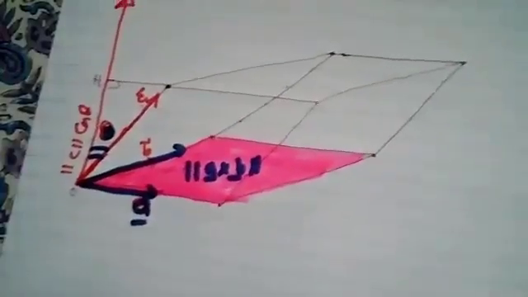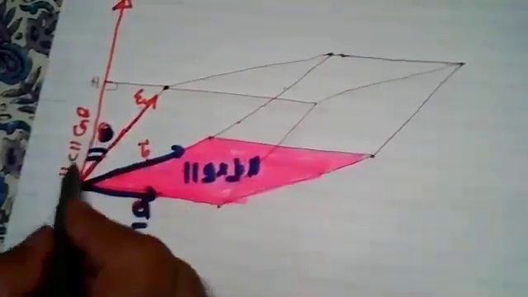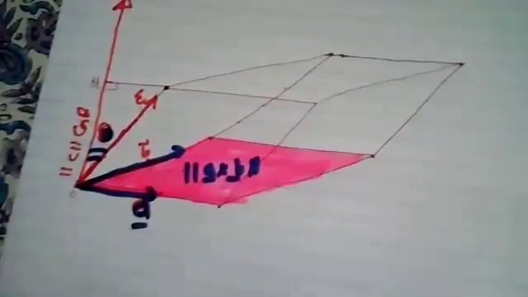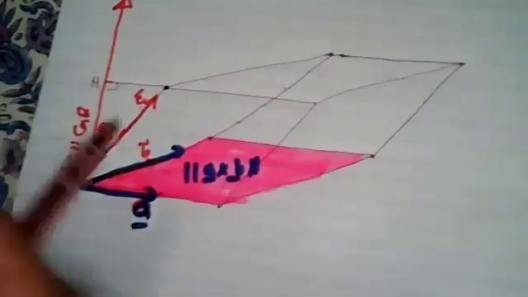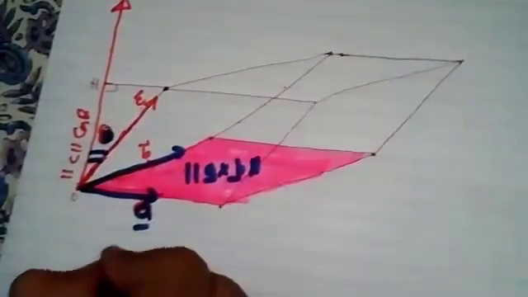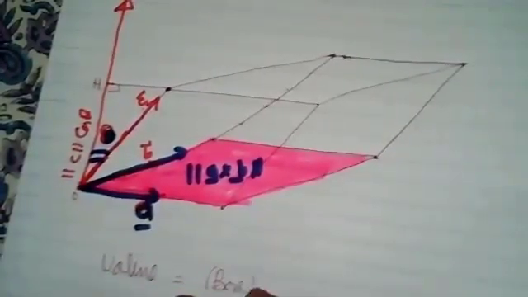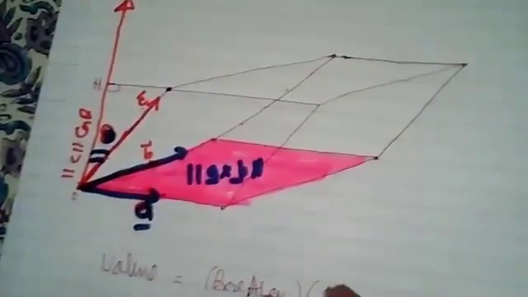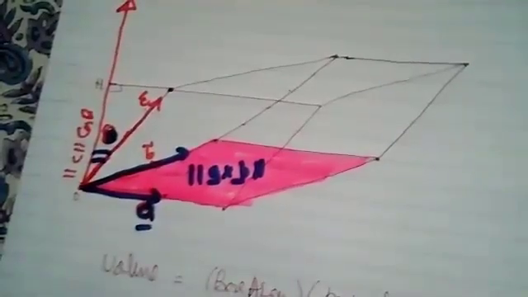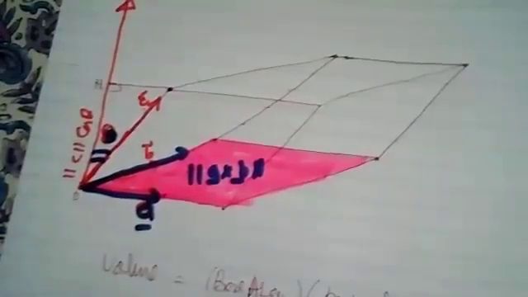This is the perpendicular. So this is base area, this is perpendicular. Volume is length, breadth into height. Length and breadth is basically the base area. So volume is base area into perpendicular height. So base area is magnitude of A cross B, into C cos of theta.